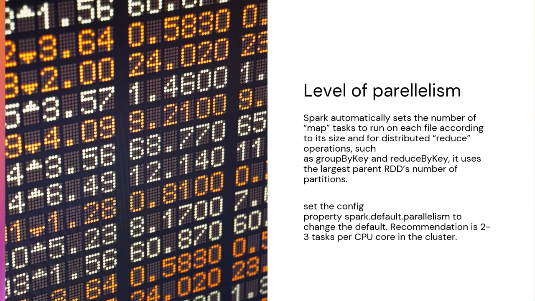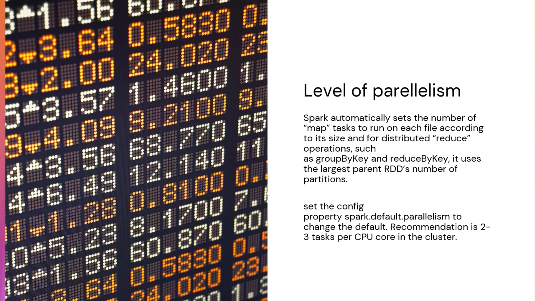But when we write a program, we know that while the map phase can run in parallel, when it comes to the reduce phase, operations like group by key and reduce by key, you have to collect the data at one place to run that group by key. So we have to think while writing the program, how many such operations are we doing where the data needs to come to one place?